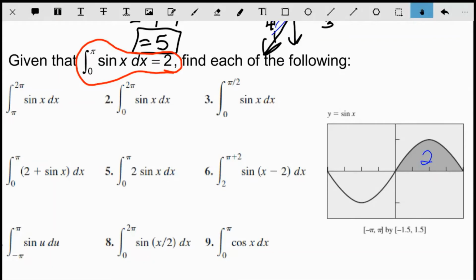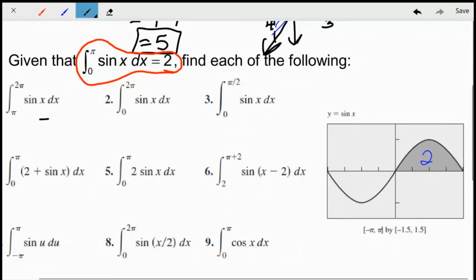Okay, so knowing that to be the case, there are some other integrals off of this. For example, if that's 2, what about the integral from pi to 2 pi? Knowing what the sine function looks like, once I cross over pi, it's going to have that same shape below the x-axis. So that's going to give me a value of -2. If I were to look at 0 to 2 pi for the sine function, I would have this area above that has an integral value of 2.